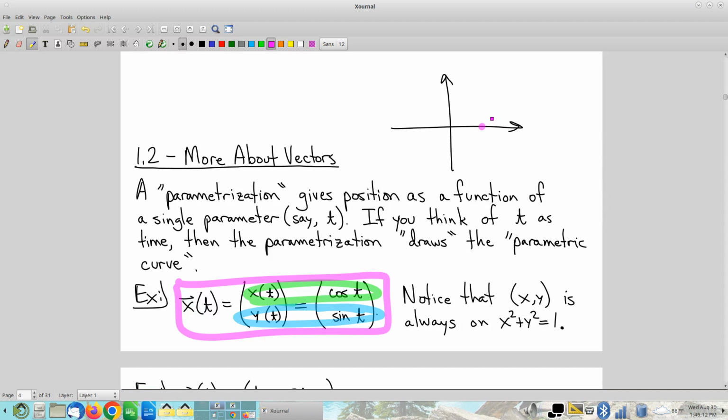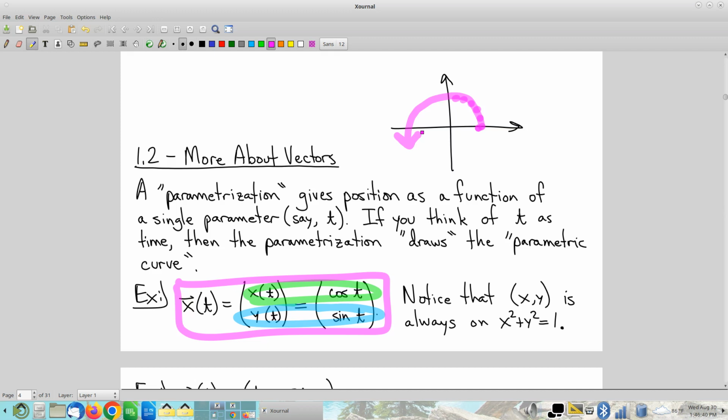And then as you plug in more and more values of t, increasing, let's say slowly increasing values of t, these points, you can just plot them one at a time, right? And they will kind of go like that. So, yeah, you can kind of just watch it happen in some sense by plugging in different values of t.